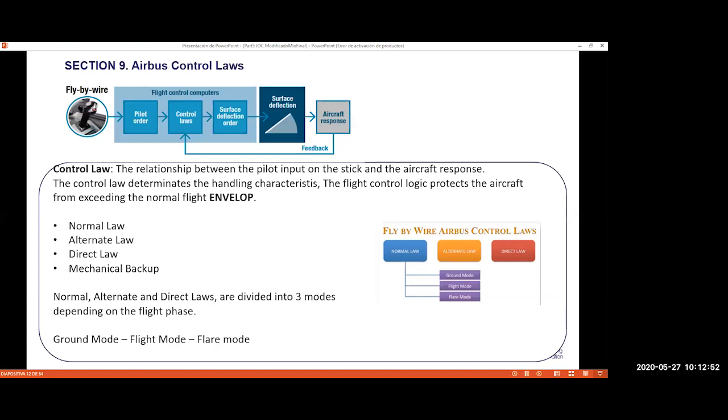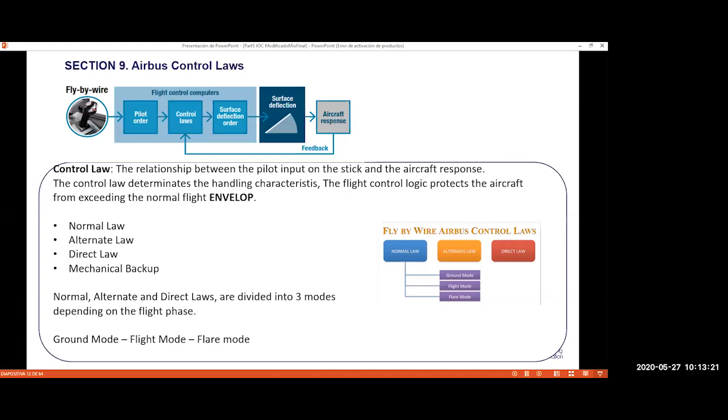These programs determine the control laws. So the control law is the relationship between the pilot's input on the side stick and how the aircraft responds. The control law determines these handling characteristics, and makes sure that you can fly in a safe way.